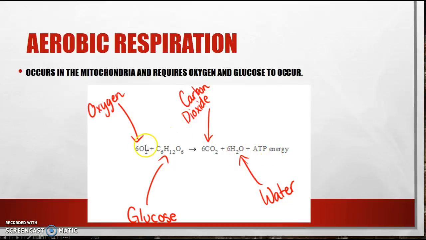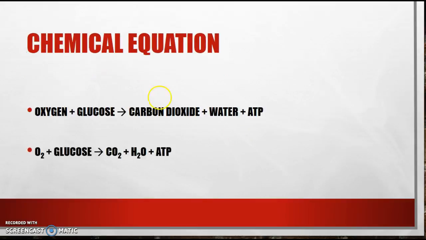This is how you may see it written sometimes when you're watching other videos. You don't need to know how to balance that equation and put those 6's there. What I want you to remember is this, either one of these. Oxygen plus glucose gives us carbon dioxide, water, and ATP. Or you can remember it as O2 plus glucose gives us carbon dioxide, water, and ATP.